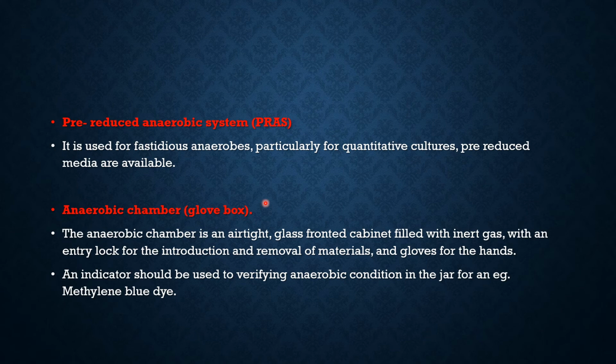The anaerobic chamber is an airtight glass-fronted cabinet filled with an inert gas, with an entry lock for the introduction and removal of material and gloves for the hands. An indicator should be used for verifying anaerobic conditions in the jar, for example methylene blue.